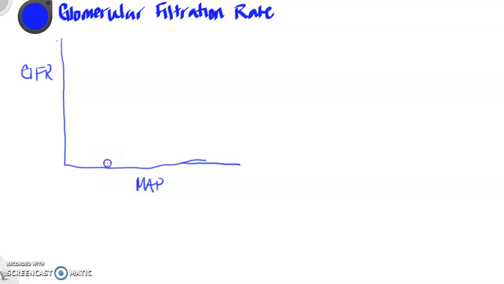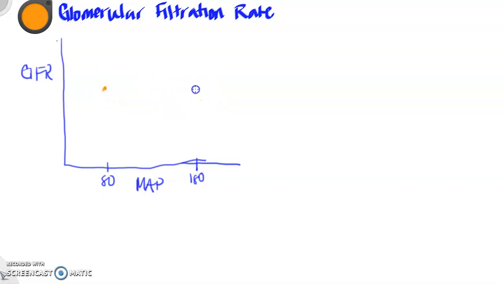If the mean arterial pressure stays between 80 and 180, the kidneys are able to maintain glomerular filtration rate.